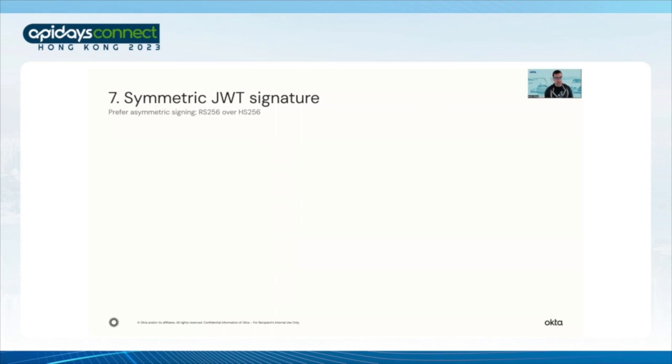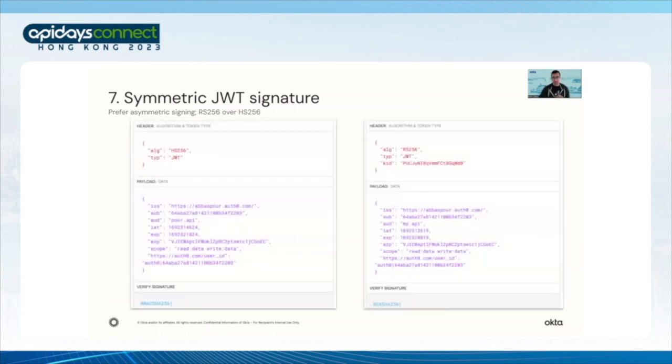Number 7, let's talk about JWTs. I know JWT is not a part of OAuth 2, but it is so widely used that we have to pay special attention to JWTs. Another mistake that I've seen happening sometimes is using symmetric signing. I have two access tokens here, and they're very much the same, except that one of them is signed symmetrically, so HS256, and the other one has an asymmetric signature, which is RS256.